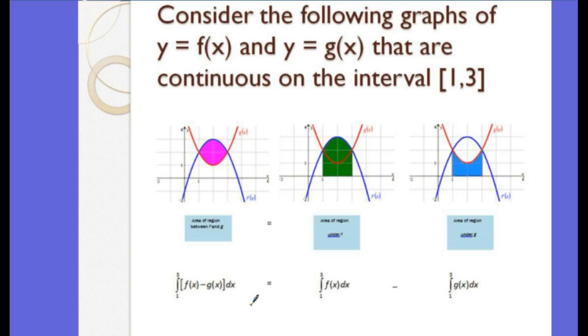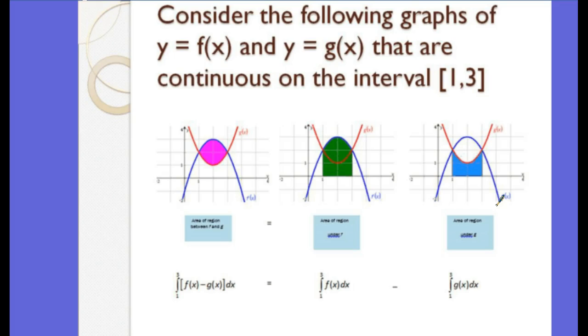The first one is just the area under f, so it's imagining that g is not there. You see how the area under f would include the green space below the curve. If you did the area under g, it would be this blue space here, which we're trying to eliminate to get the area between the two.